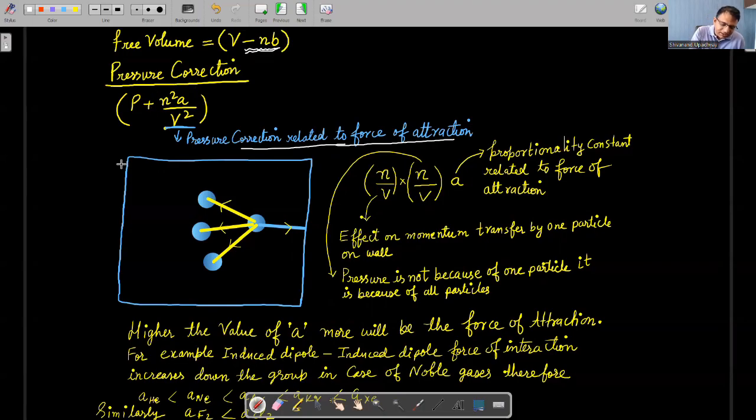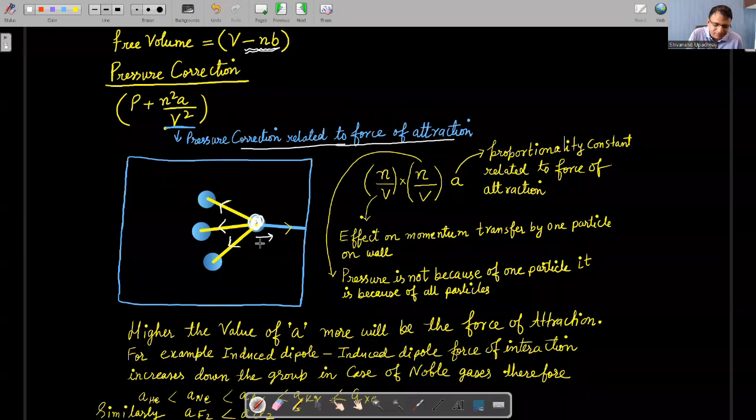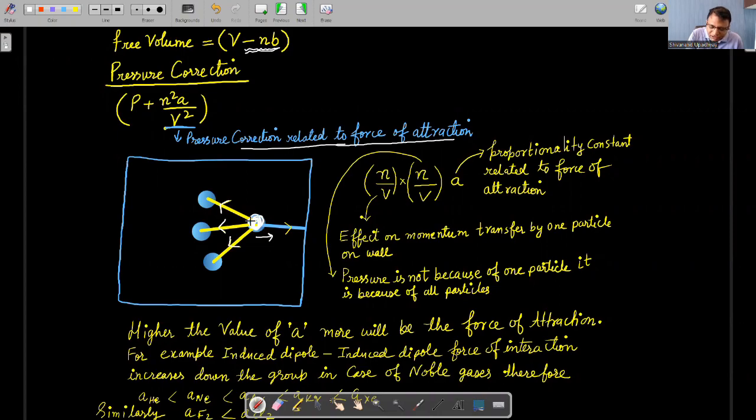So in a container, if this is a gas molecule which is going to collide with the wall of the container, the molecules behind it have a force of attraction. They will try to attract this molecule, and because of that, the speed, or the linear momentum, of this molecule is going to decrease. So the momentum transferred by this molecule to the wall of the container will be less if it is attracted by the molecules behind.